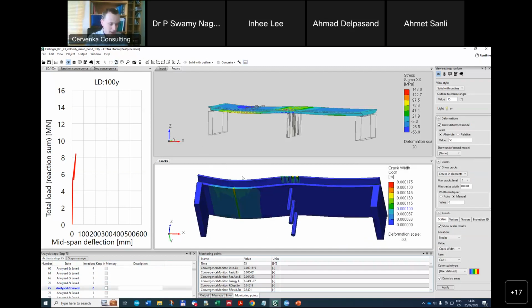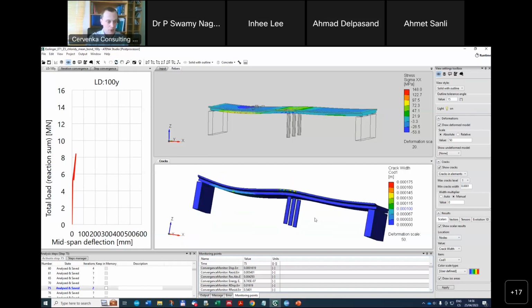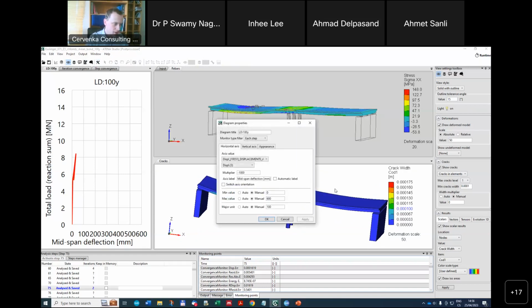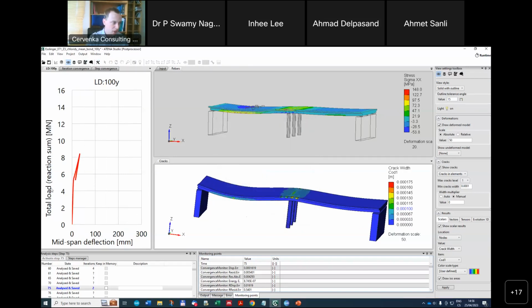So at this load level, the cracks decreased from those 0.3 millimeters back to approximately 0.17 millimeters, so approximately half of the width at the load level. Also, we can see some remaining deformation on the LD diagram if I use better the scale. So from this point we moved back in here.